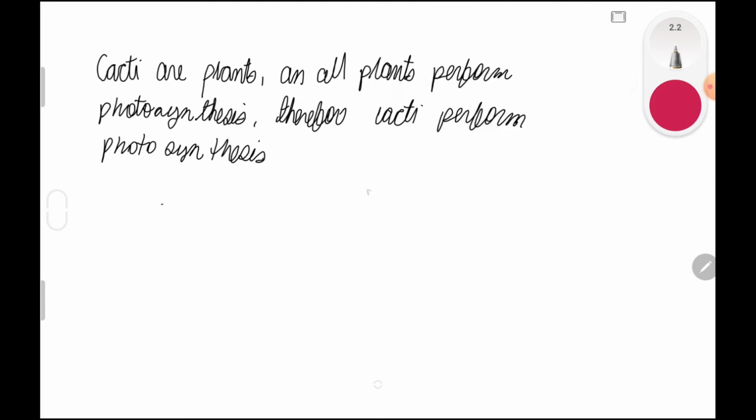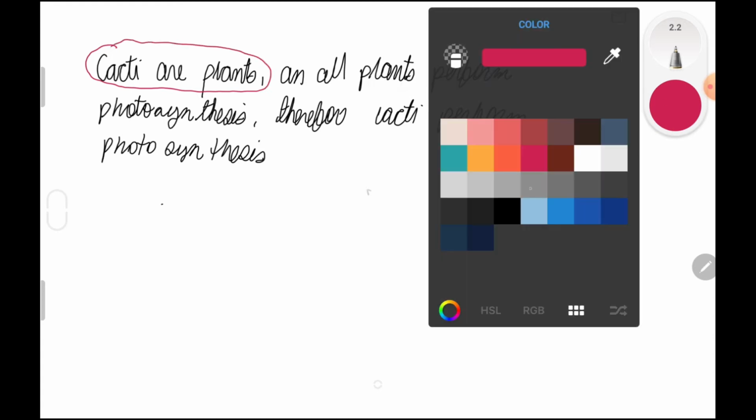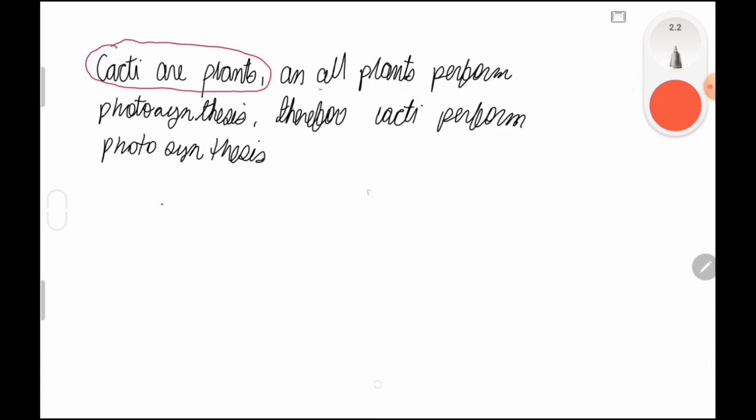So as you can see, our first premise is cacti. Cacti are plants. And then our second premise is all plants perform photosynthesis. Okay? So take note that our joining element will be the plants.